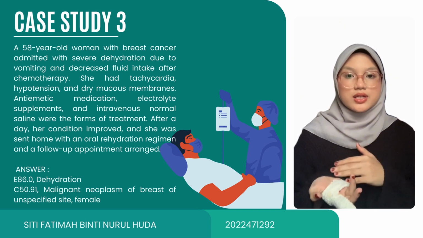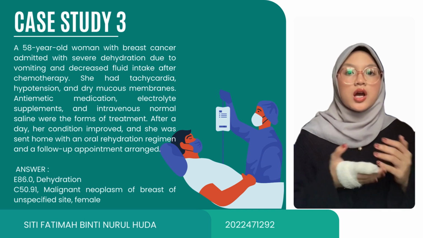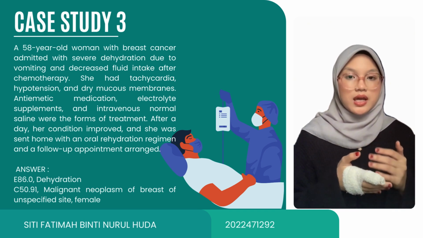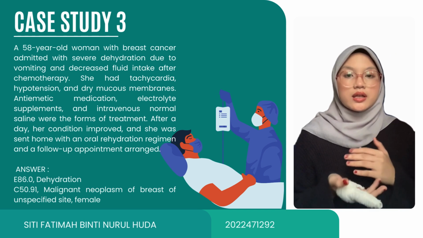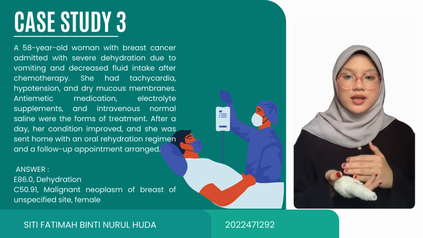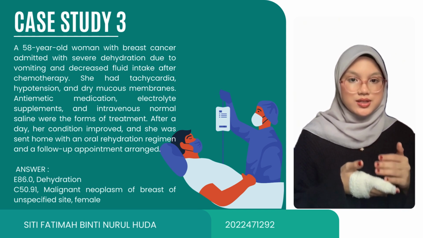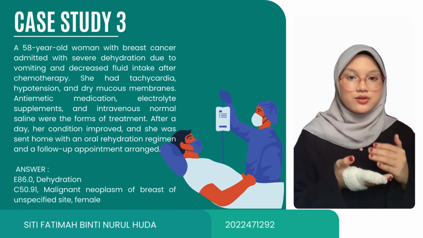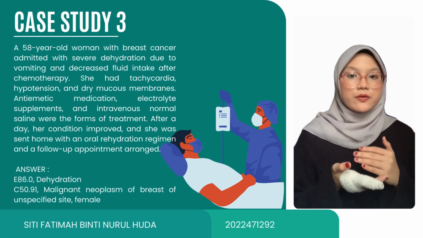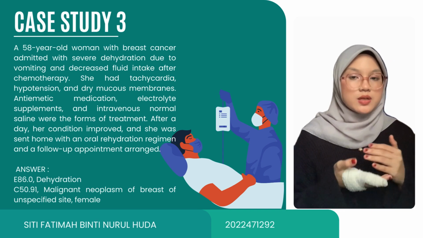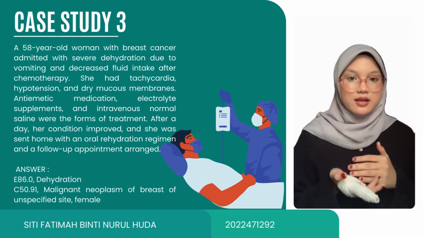After a day, her condition improved and she was sent home with an oral rehydration regimen and a follow-up appointment arranged. Therefore, according to the guideline, code E86.0 dehydration is assigned as the principal diagnosis, followed by the code C50.91, malignant neoplasm of breast of unspecified site, female.